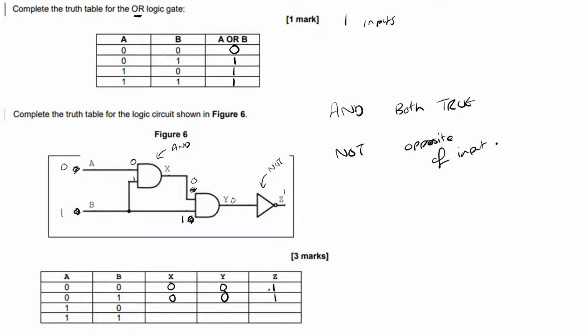The same thing again. Okay, so I'm just going to rub those out again, so I don't get confused. So now we've got A is on and B is off. So now we've got to carry it through again. So B will be off there as well.